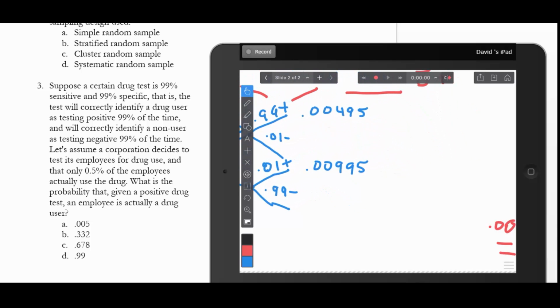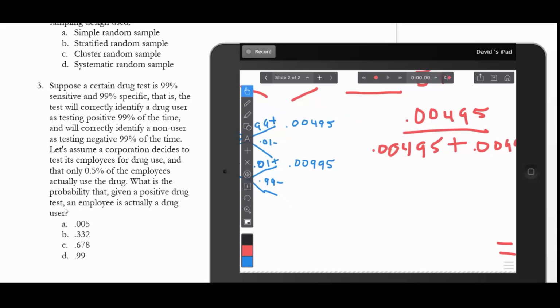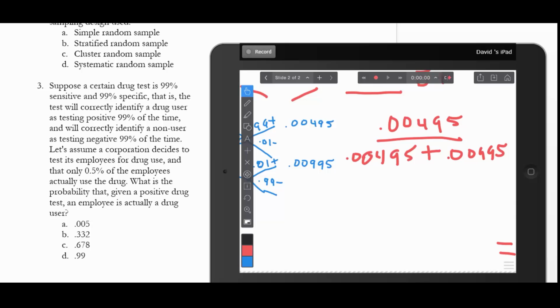And so here we go. I got the 0.00495, got a positive result, and they should have, divided by 0.00495, that's the probability they got the positive result and should have, plus 0.00995, which is the probability they got a positive result and shouldn't have.